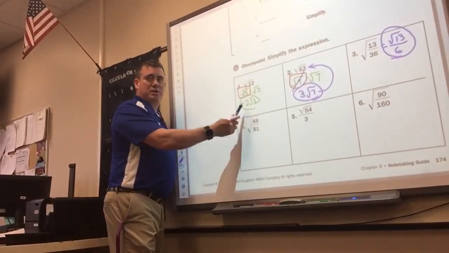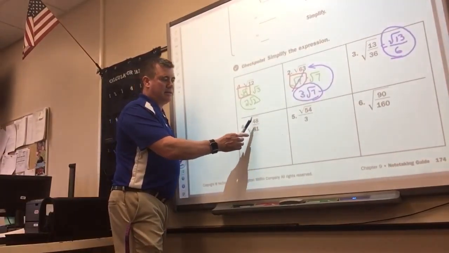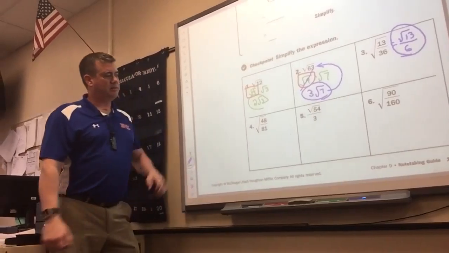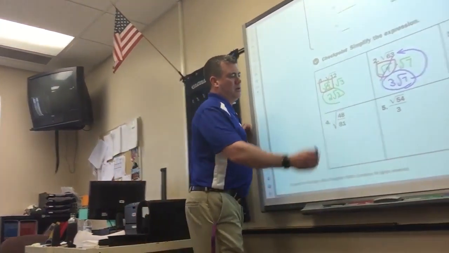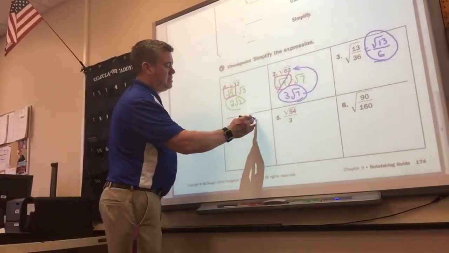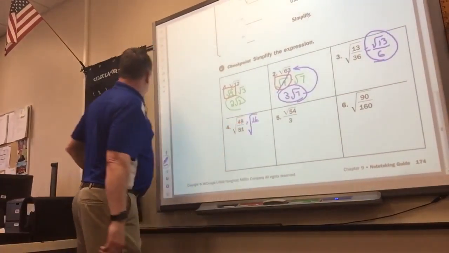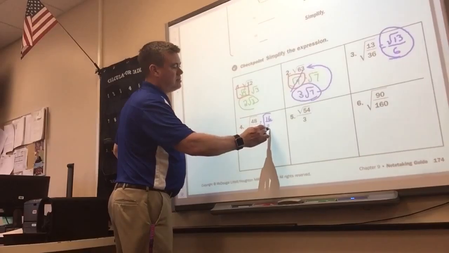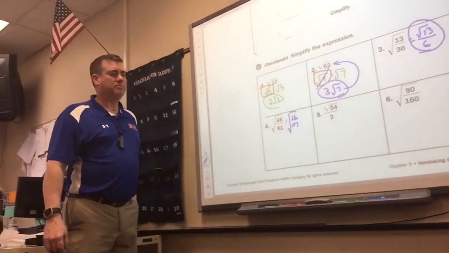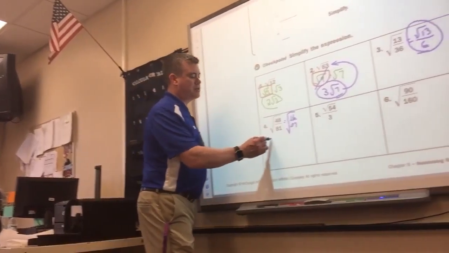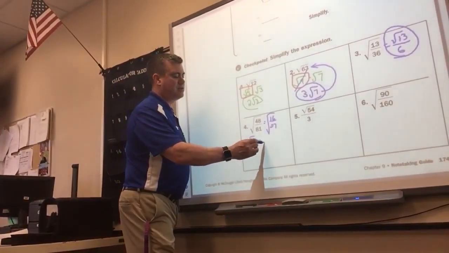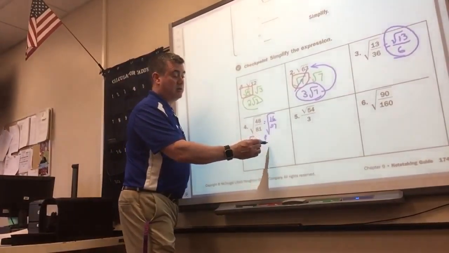These are not perfect squares, but we can reduce that. 3 goes into both of them. 16 and 27. Right? Now, square root of 16 is 4.